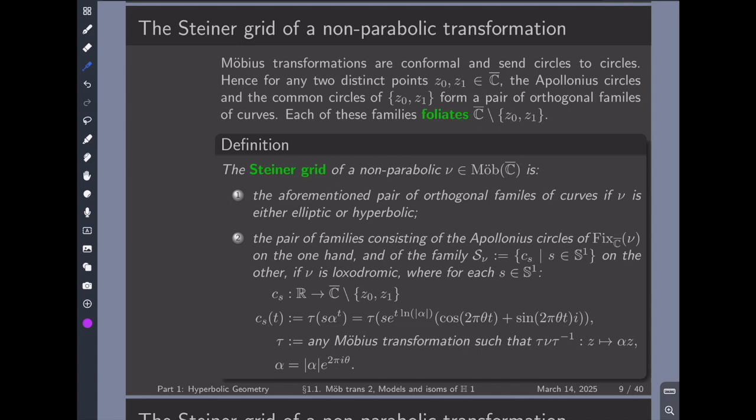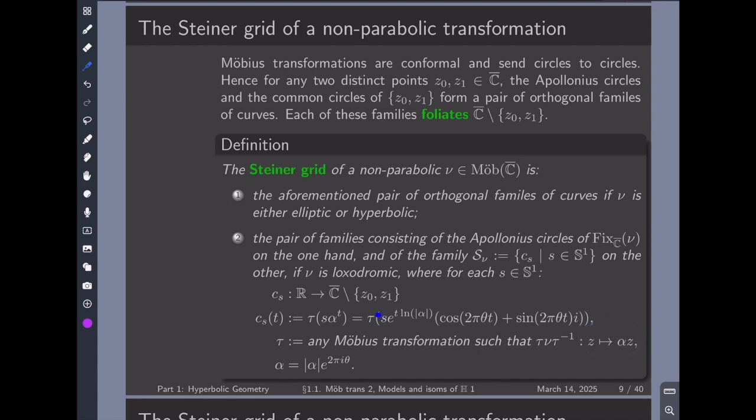And if it's loxodromic, if nu is loxodromic, what do I do? Well, I simply conjugate by a Mobius transformation sending one of the points to 0, the other one to infinity, so that the conjugation itself is multiplication by some alpha outside the circle and outside the positive real ray.